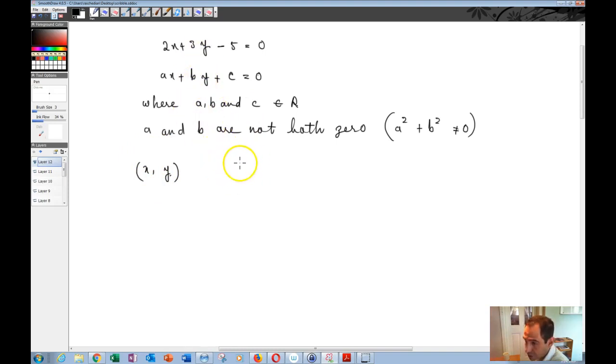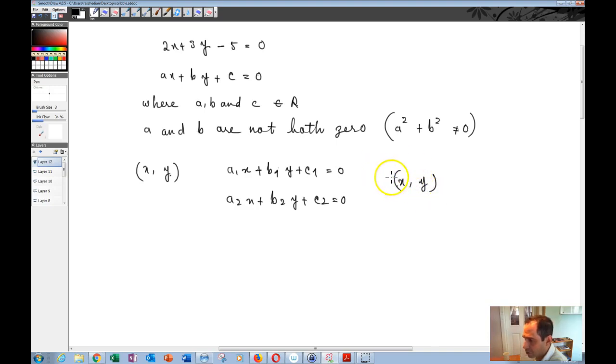So you have something like a1 x plus b1 y plus c1 is equal to 0, and a2 x plus b2 y plus c2 is equal to 0. The solution would be something like x and y, and this x and y is going to satisfy this equation and also this equation, and that's called the solution of this pair of linear equations in two variables.